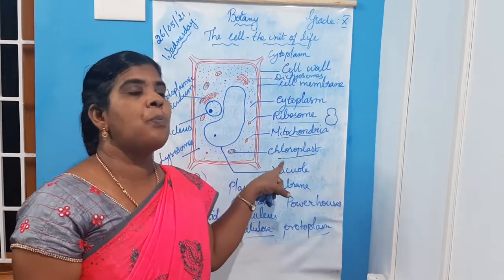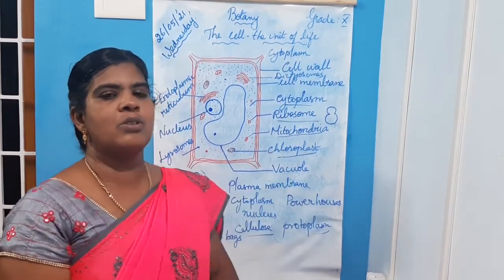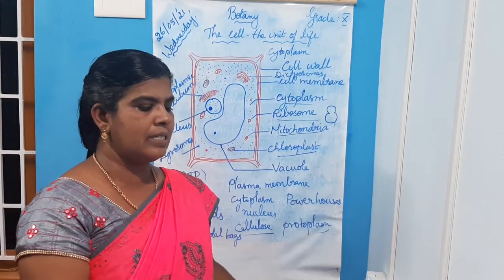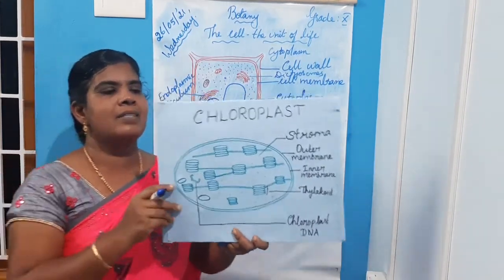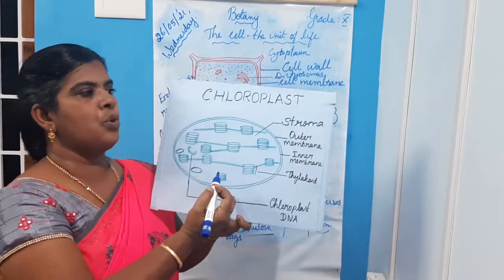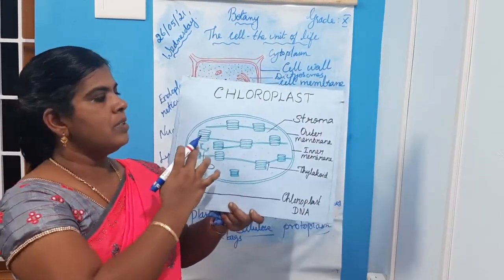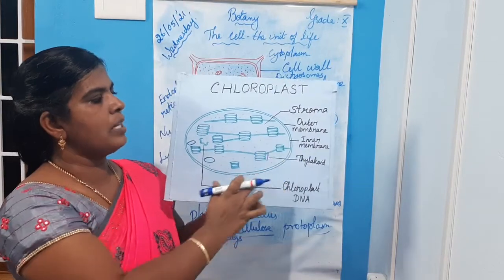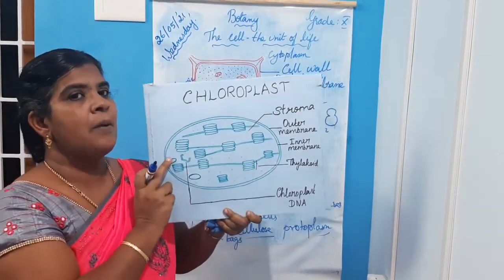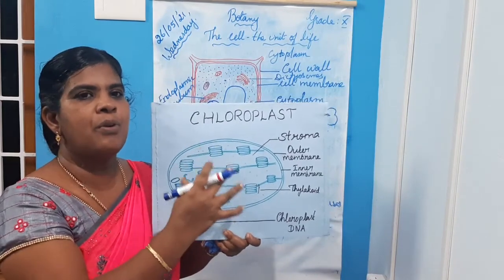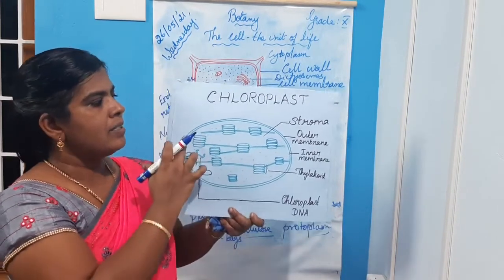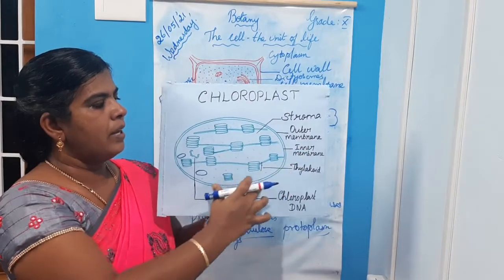This chloroplast is a sausage-shaped organelle present in the cytoplasm of the plant cell. This is the structure of chloroplast. This organelle is surrounded by a double membrane.